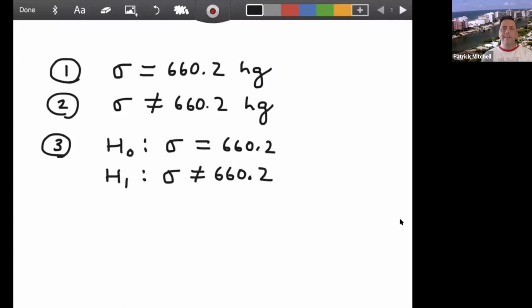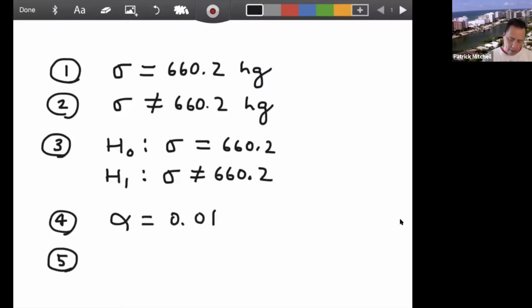Fourth step, we select the significance level that's been selected for us. They told us to use a significance level of 0.01. And then in step 5, we identify the test statistic. Because the claim in this problem is about a population standard deviation, that test statistic is chi-square.